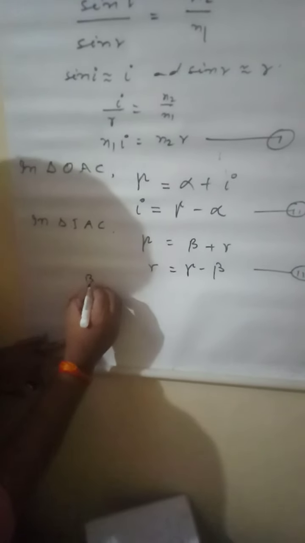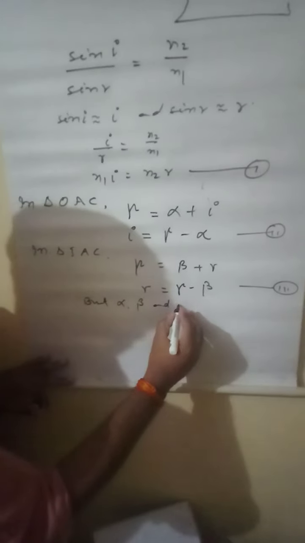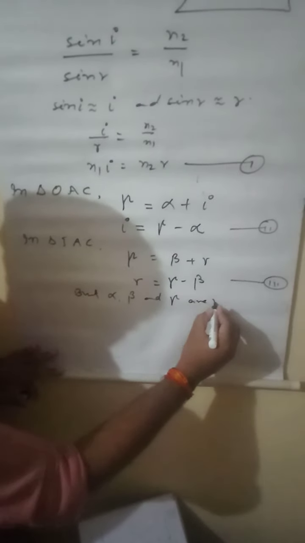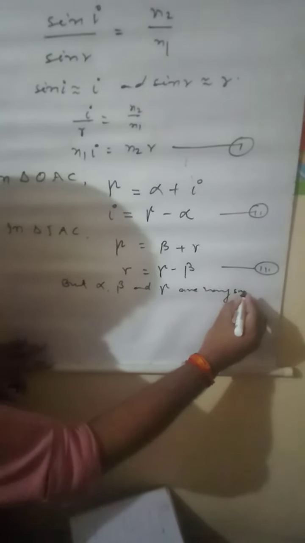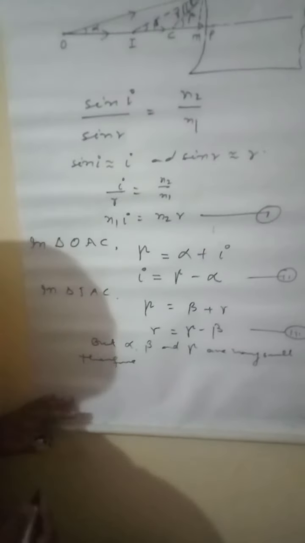But alpha, beta and gamma are very small. Therefore, they must be replaced by their tangents.